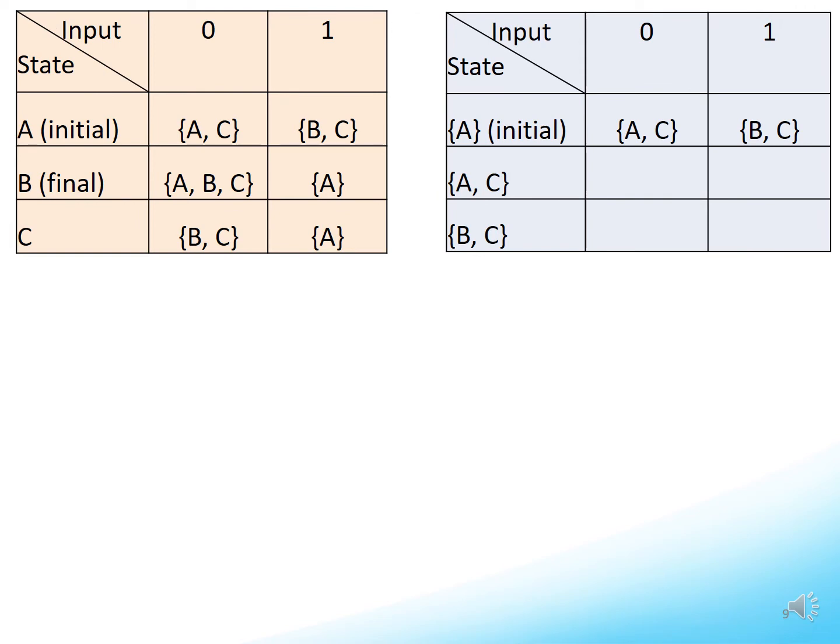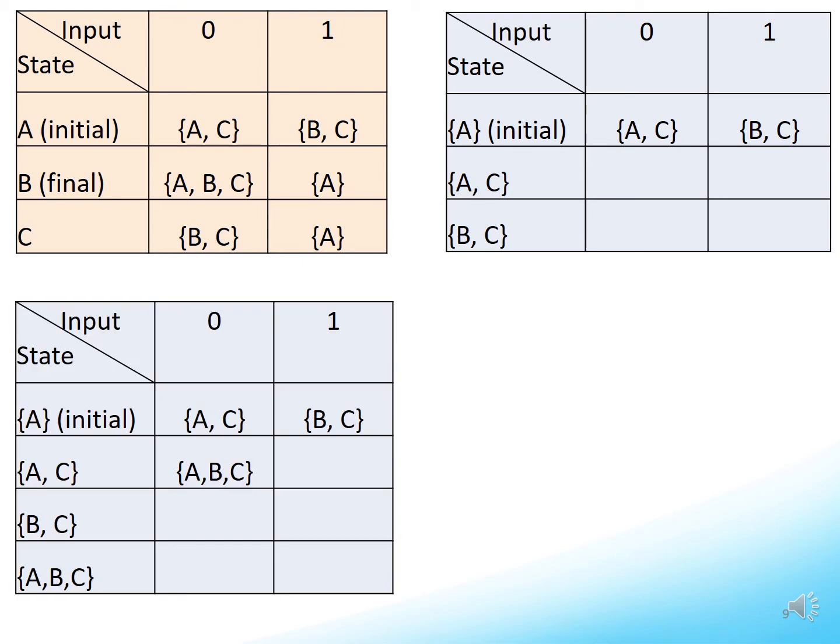Now consider the situation. M2 is in state AC. It means machine M1 is in state A and C simultaneously. So on seeing input 0, it can move to AC or BC. So overall, machine M2 will be able to move to state ABC.